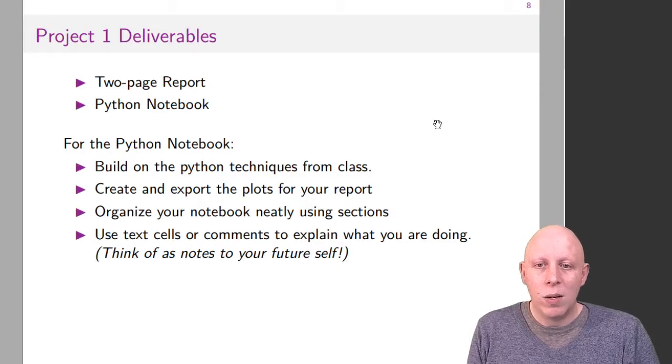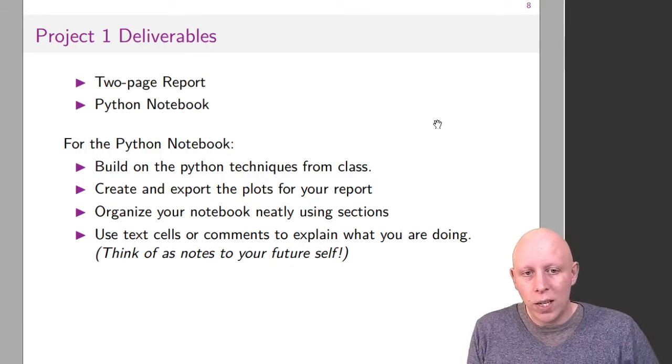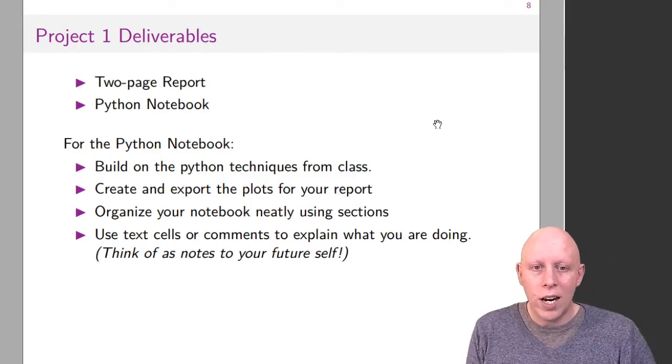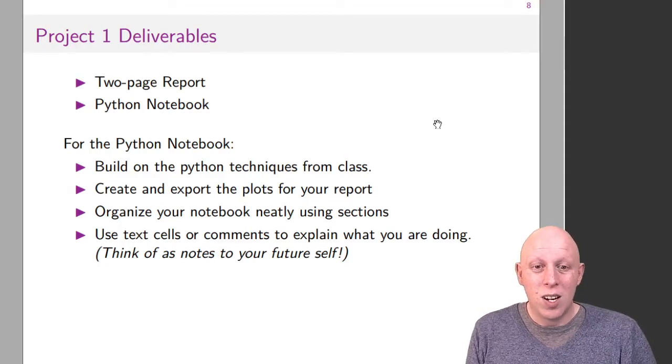And along those same lines, you should be including some text cells or some comments to explain what you're aiming for as you're going through the code that you write. These comments, you don't have to comment every single line of code. You don't have to say a for loop repeats something multiple times.